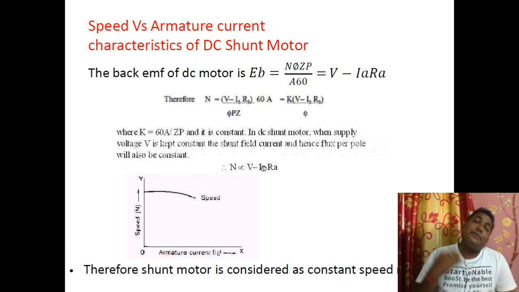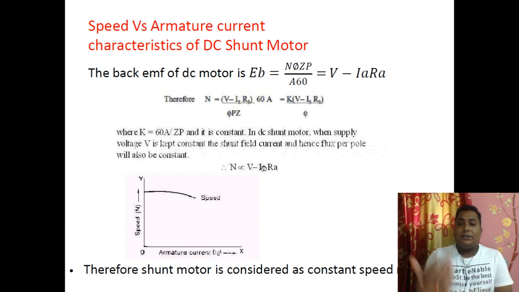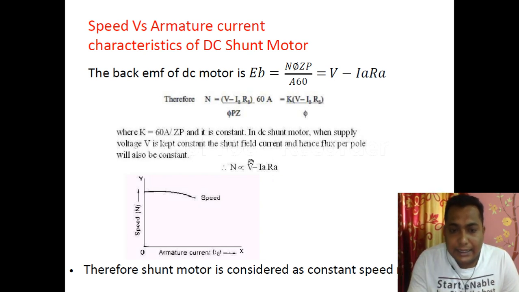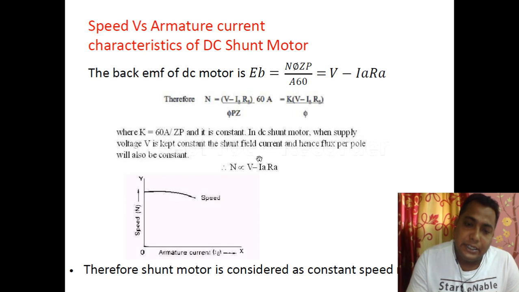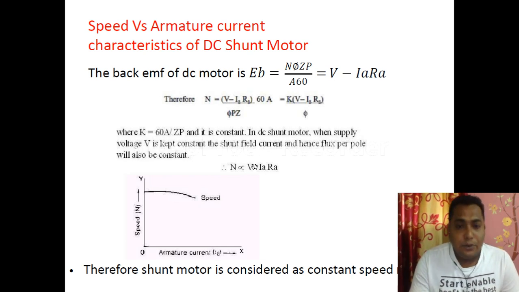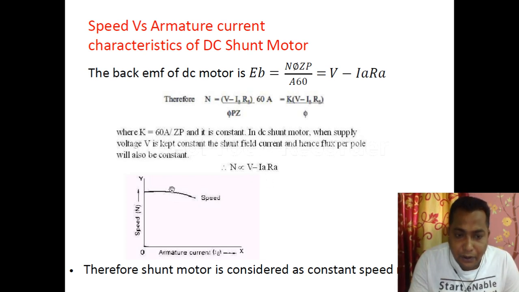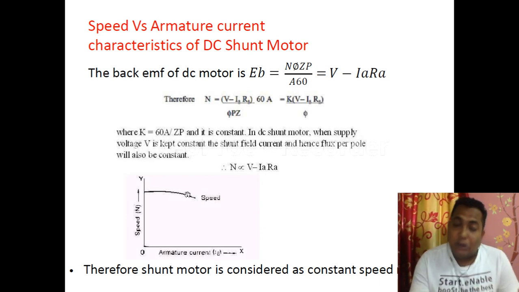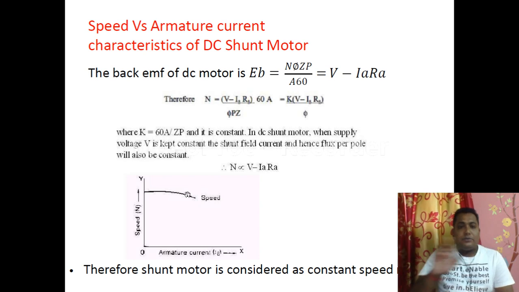Now after that, when we are increasing the current value, that difference is decreasing, correct? So when it is decreasing, that means it will fall. But it should be constant. In the ideal case, it should be a straight line.